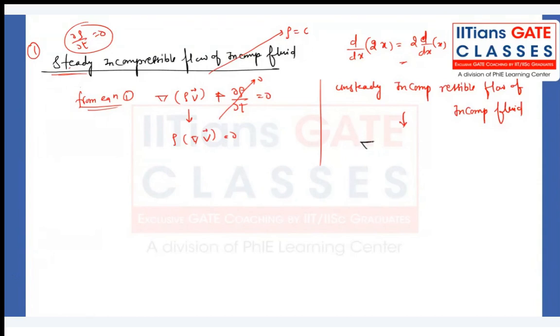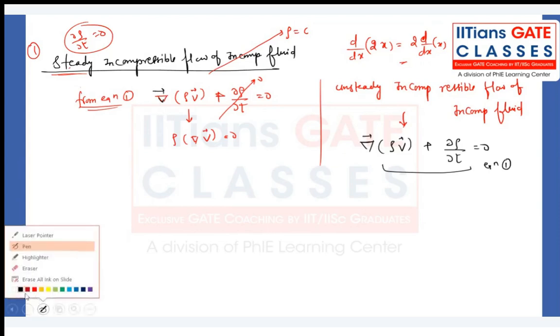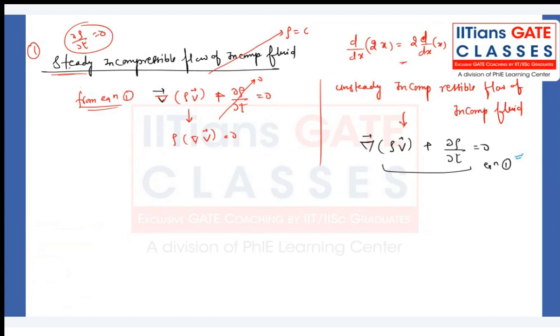Del dot rho V plus dou rho by dou t. Any doubt in this equation? Equation number 1. Any doubt till now? Tell me, guys. Just check it out. Whether equation number 1 is correct or not, please check it out. Is it correct or incorrect?